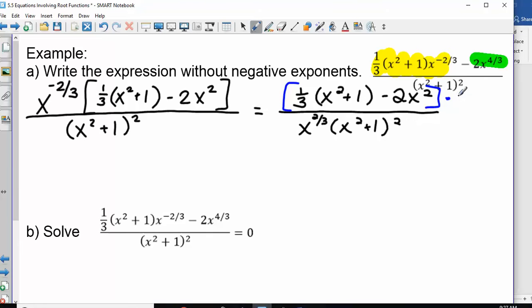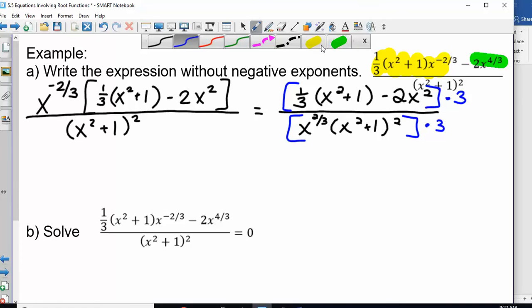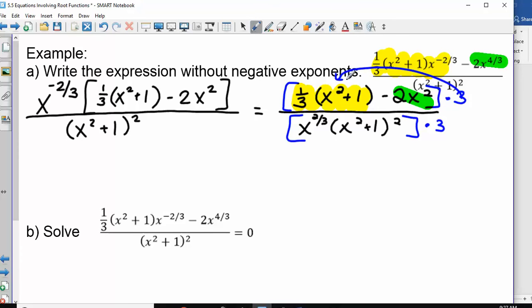So I'm going to multiply by 3 on the top and the bottom. Now keep in mind, on the top, I still have 2 terms. So when you multiply by your 3, you have to distribute that to each of the 2 terms.